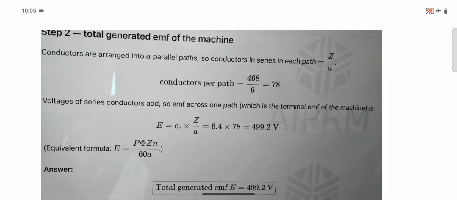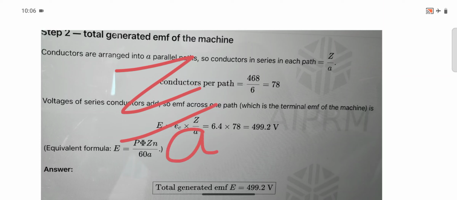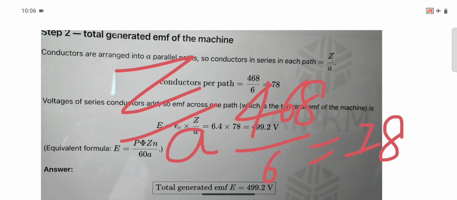So conductors in series in each path is equal to Z by A. So in each path, how many conductors? 468 divided by 6 will come 78.